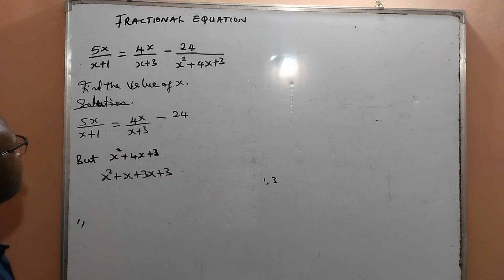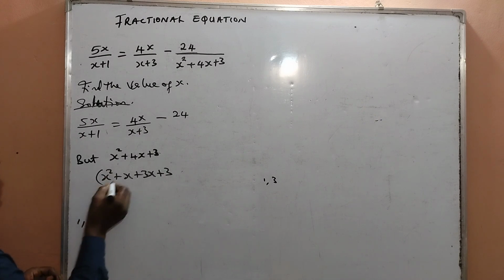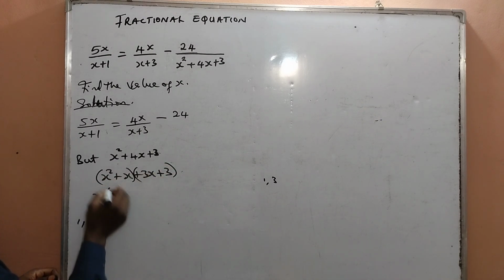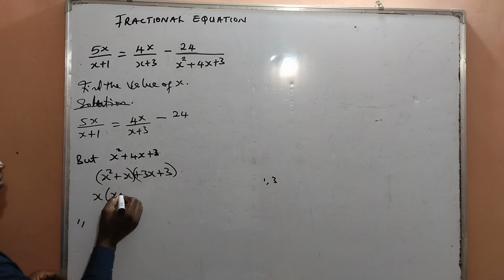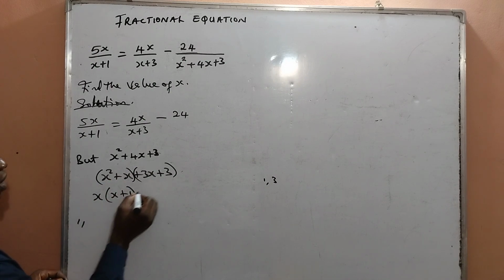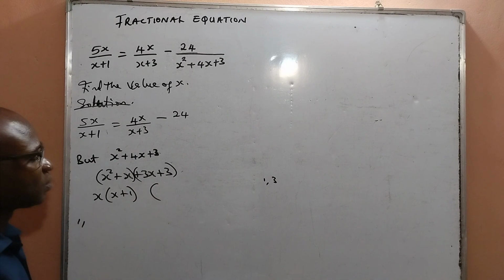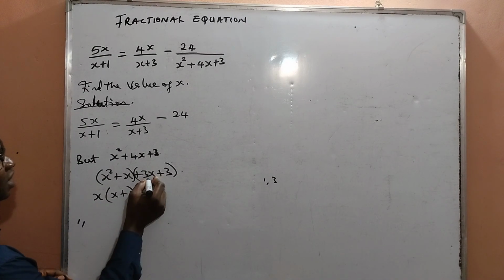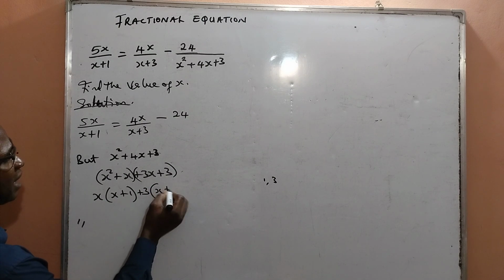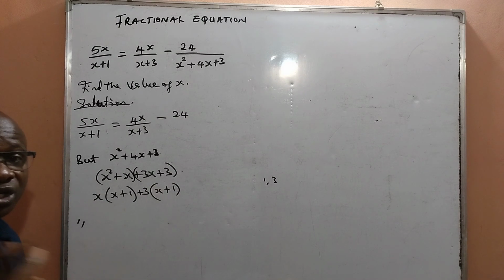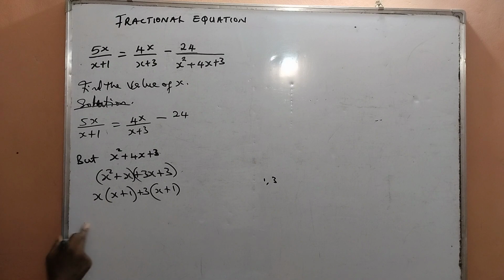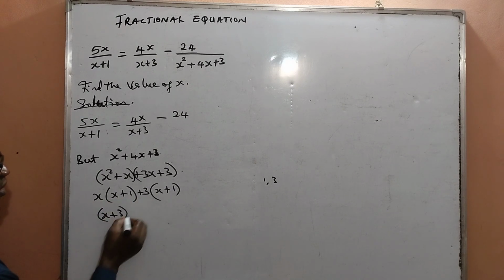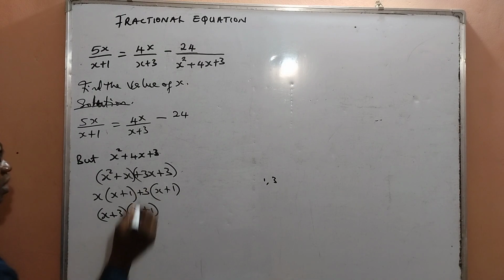Meaning that if I move forward, factoring this, I will have x common in the first bracket to get x plus 1, and in the second bracket what is common is plus 3, which is remaining in the bracket x plus 1. So the two brackets are the same. Now I have it as x plus 3 into x plus 1.